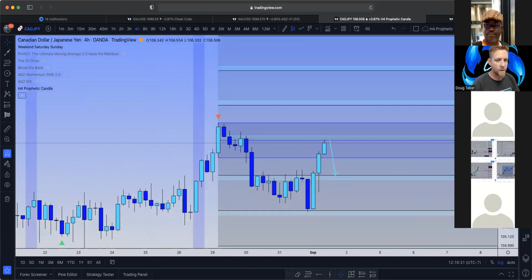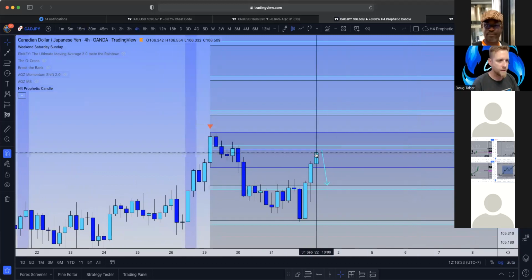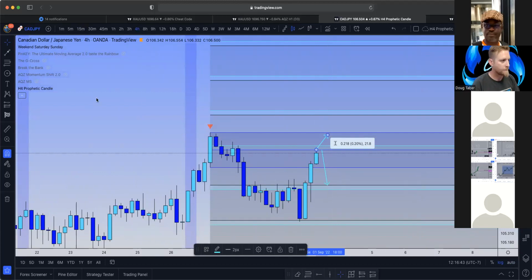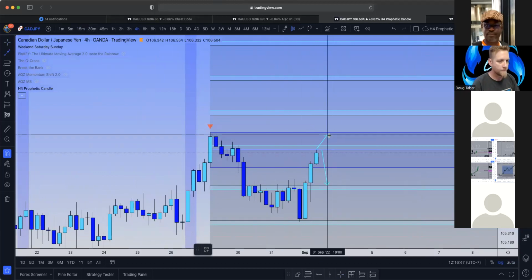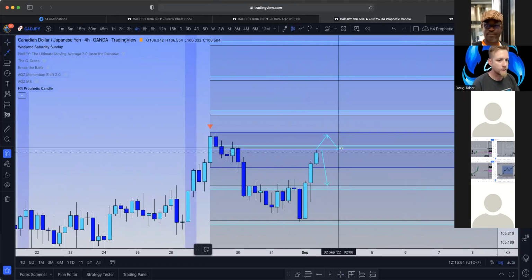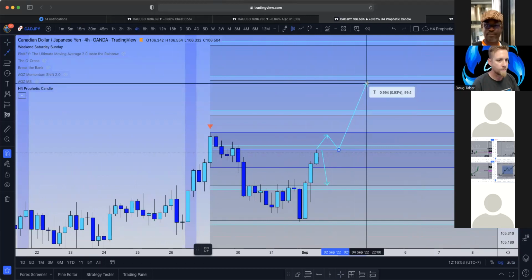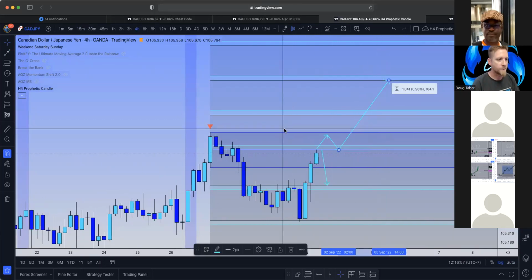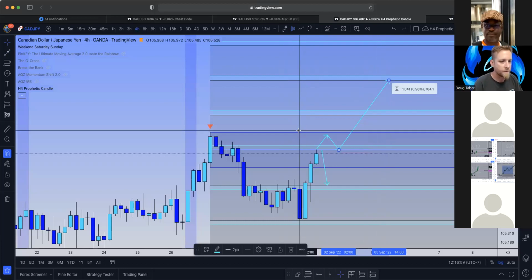However, I'm more interested in if price invalidates. So if we get a close above preferred entry zone, retesting preferred entry for a move to extend the high here.